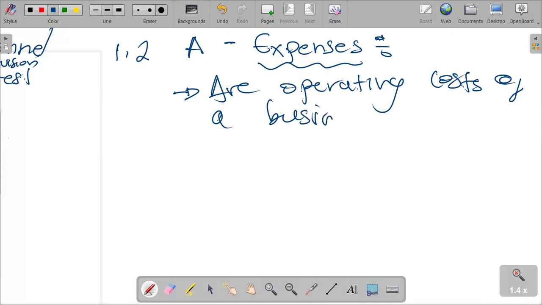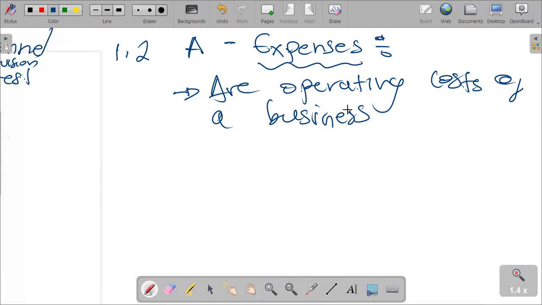So what does operating cost mean? It means that within the production process, there are certain things that you need to buy or purchase, or you need to pay for, for the business to operate, or rather for a product to be produced. So these are what you call your operating costs.